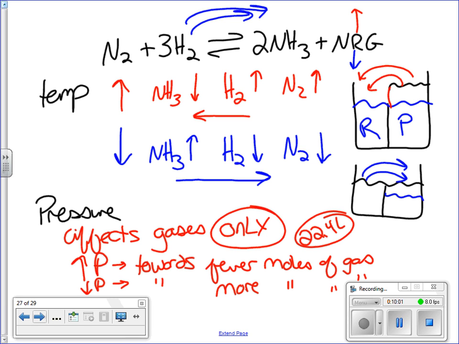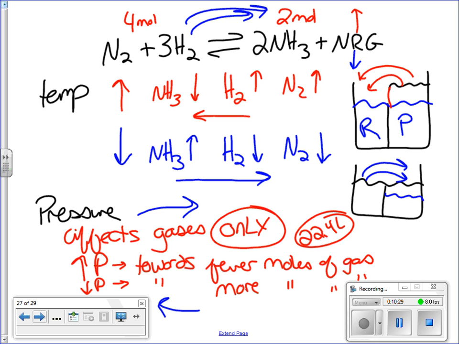So I have 1 plus 3, I have 4 moles of gas over here, and I have 2 moles of gas over here. So an increase in pressure is going to shift the reaction to the right, towards the products. A decrease in pressure is going to go towards more moles of gas, which is the opposite direction. Okay? What really is important is that you understand that.